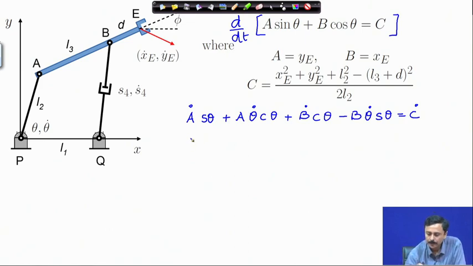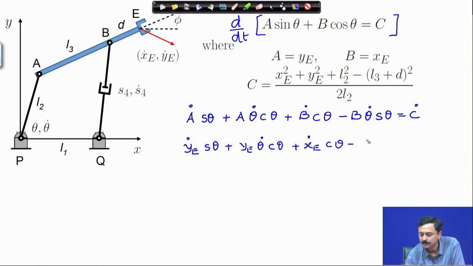Now, if you use these expressions of A, B and C, you have this relation.